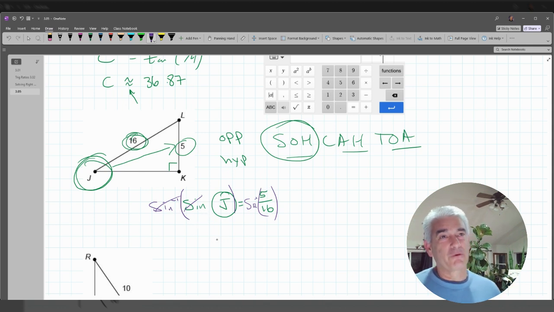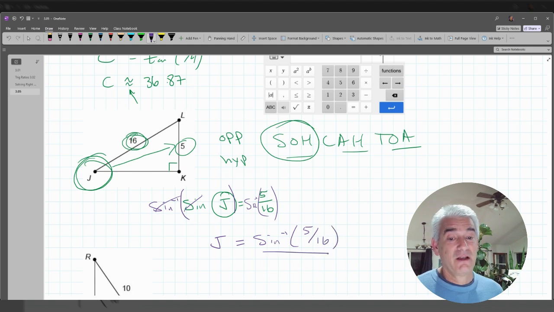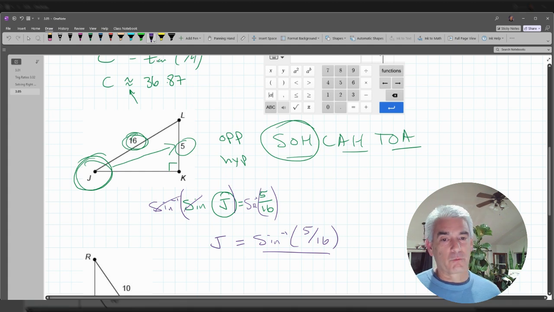You have to be a little bit careful when we talk about bigger angles, but for a right triangle, it will always work. So J is exactly equal to sine inverse of 5/16. I didn't use approximate because this is exact. Once I take the value out of the calculator, then it'll be an approximate rounded off value.